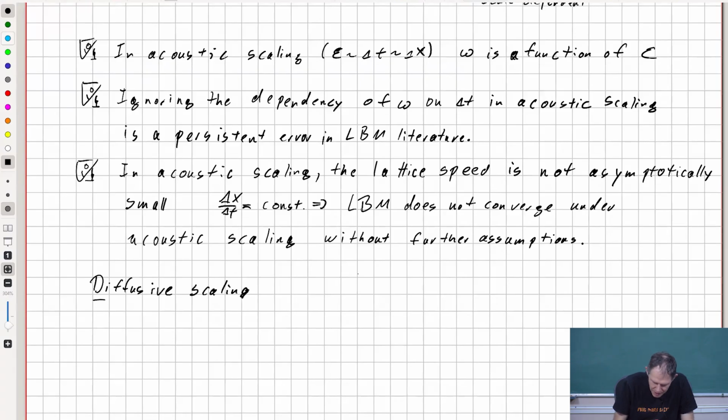Diffusive scaling. So, and now what we want to do is we want to keep this omega at a constant so that we don't need to expand it. I mean, constant in the sense that it's scale independent.